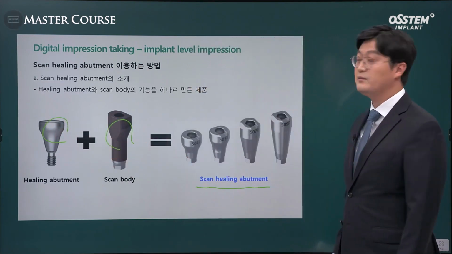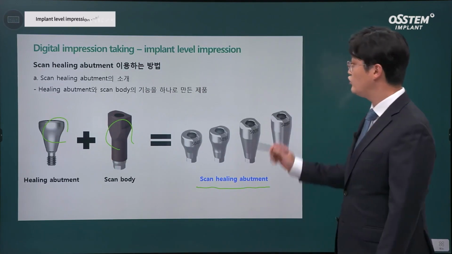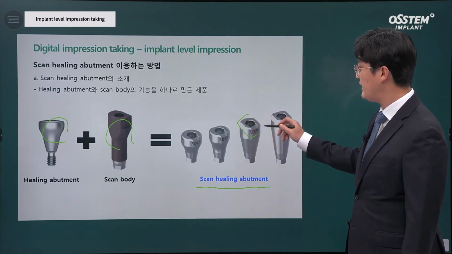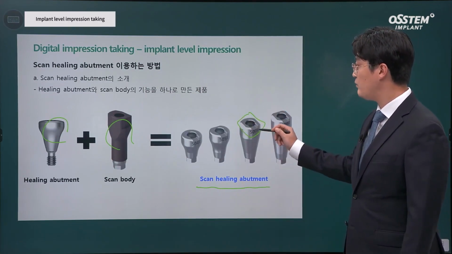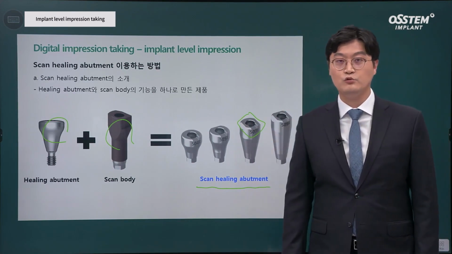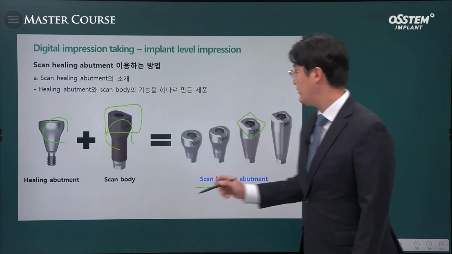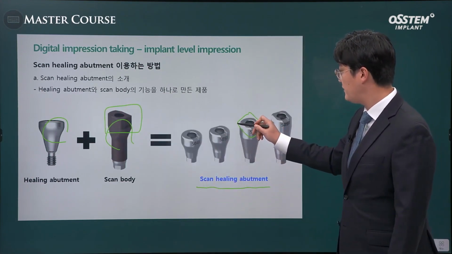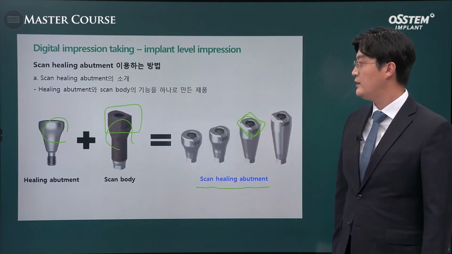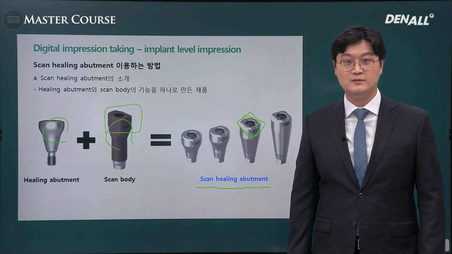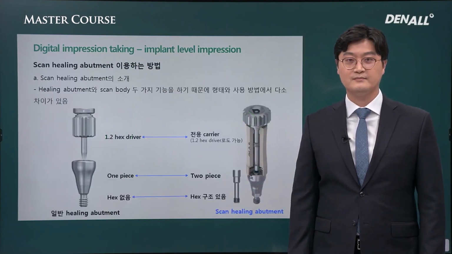For a scan healing abutment, only this top area is used for merging, so that area only needs to be above the gum. This portion of an oral scan body is exposed, but a much smaller portion of a scan healing abutment needs to be exposed for merging in a CAD program.